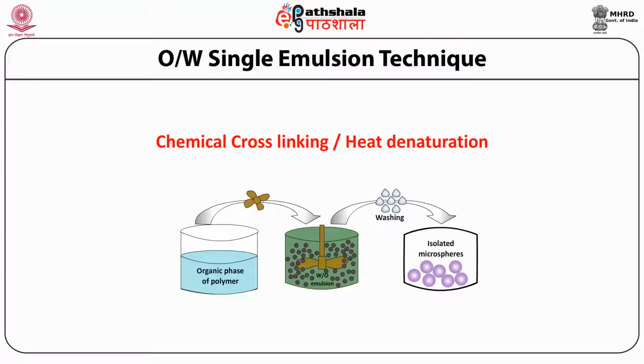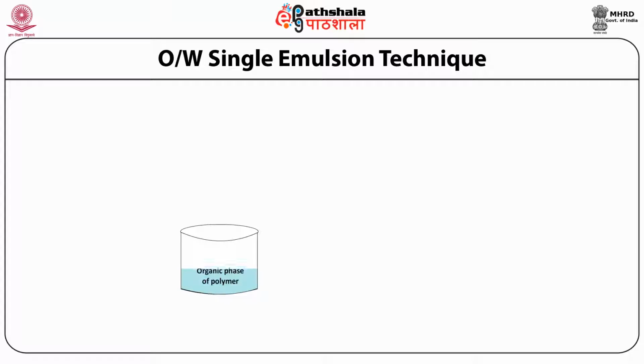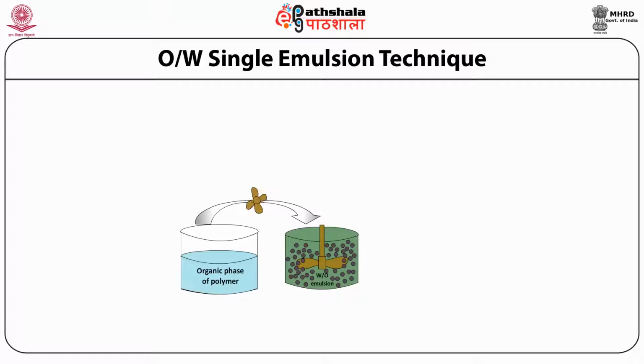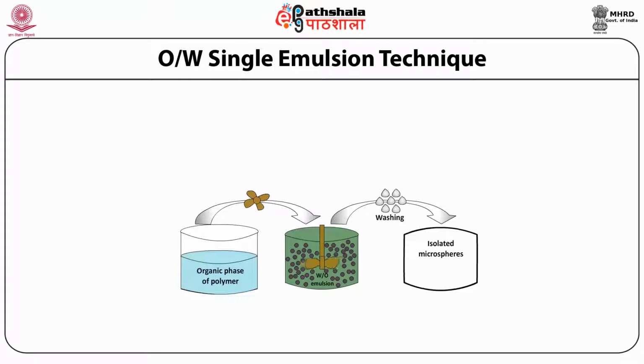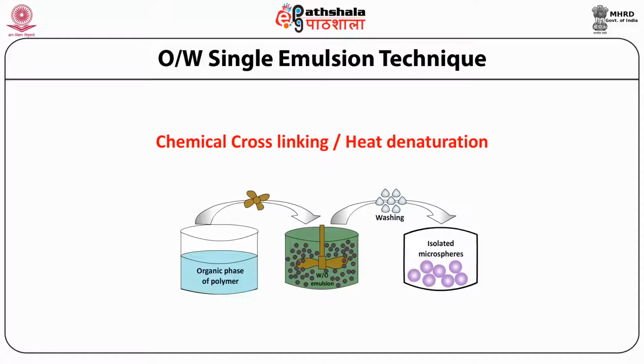After formation of the microcapsules, they are rigidized by changing the temperature or the pH, and then they are washed to remove the excess solvent, and then they are isolated by using formaldehyde or glutaraldehyde. These microspheres are then dried by freeze drying, spray drying or tray drying, whichever technique is available. So this is how the oil in water single emulsification technique is used to produce the microspheres.